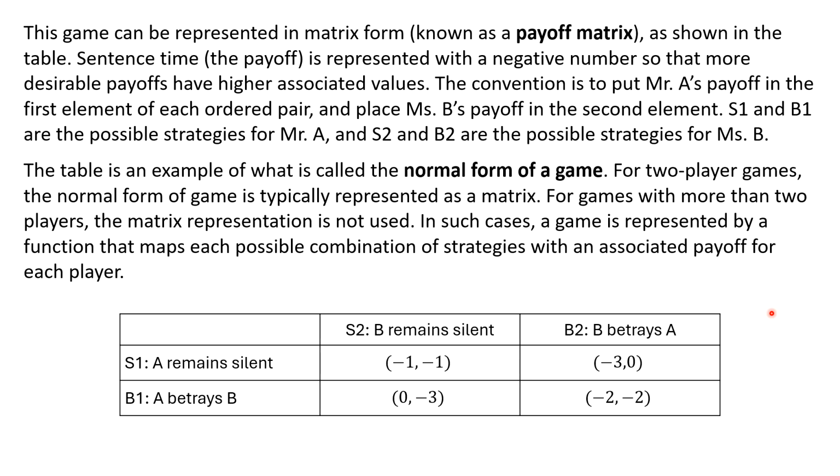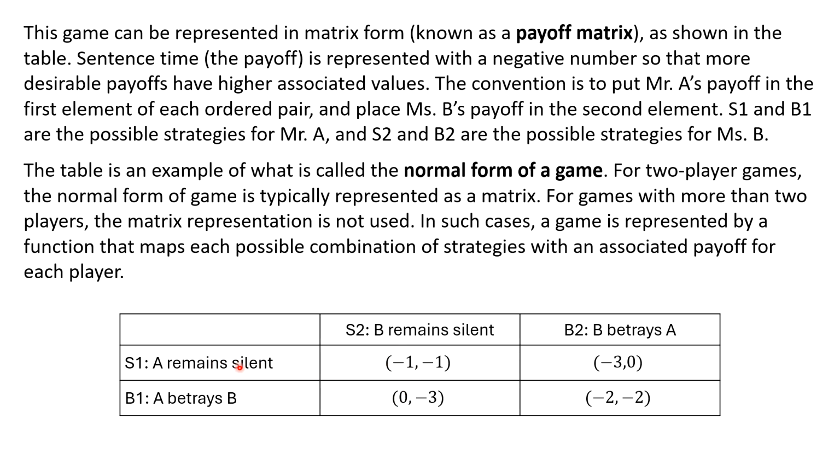So we'll get into solutions later on in more detail, but I thought I'd give you a little bit of a preview here. So if we analyze this from the point of view of A, A first looks at what should I do if B remains silent? And A sees that the better choice is to betray B because they would get set free as opposed to serving 1 year in prison.